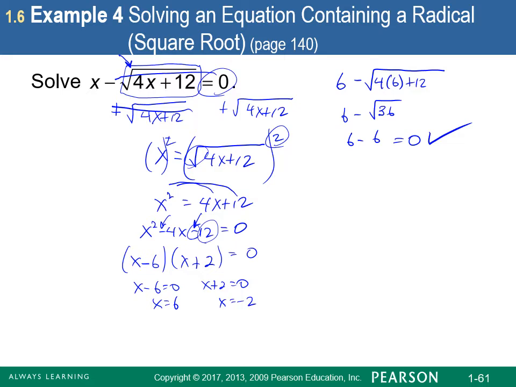Negative 2. So here's negative 2 minus the square root of 4 times negative 2 plus 12. 4 times negative 2 is negative 8, plus 12 is 4. The square root of 4 is 2.